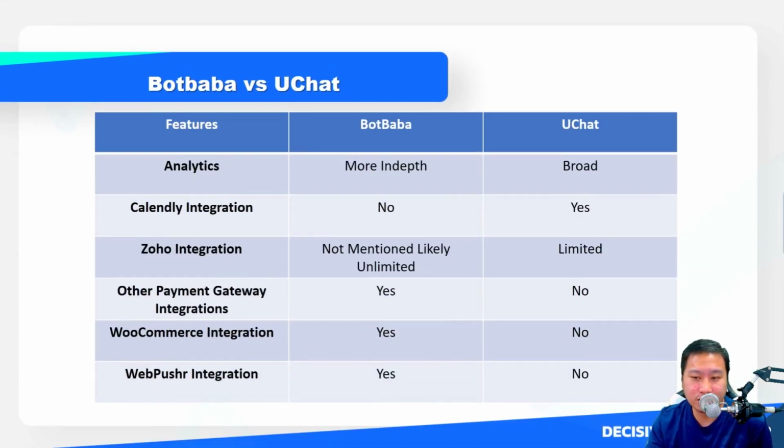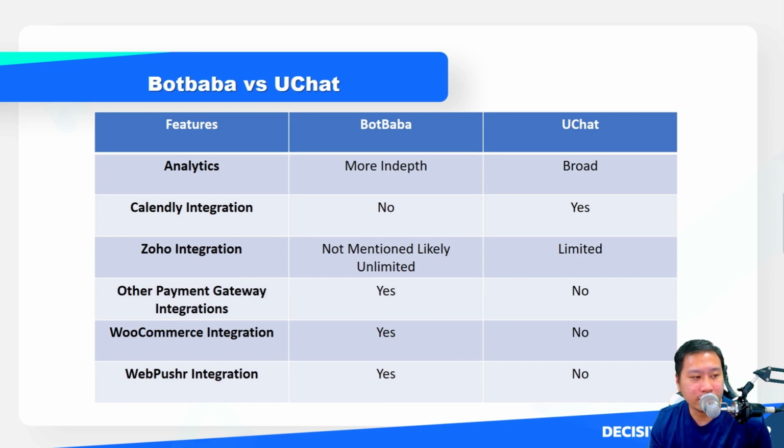And then the last thing would be some of these analytics. Botbaba is a lot more in depth with the analytics, which I'll show you a little bit. They actually tell you where people stopped during the chatbot conversation, whereas UChat gives you a very broad idea of how your chatbot is working out.